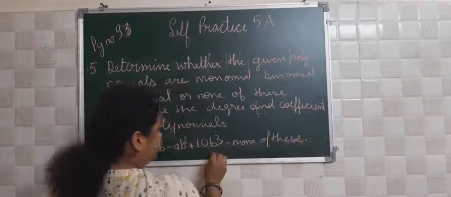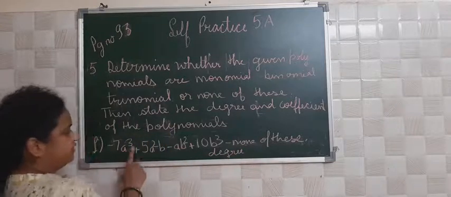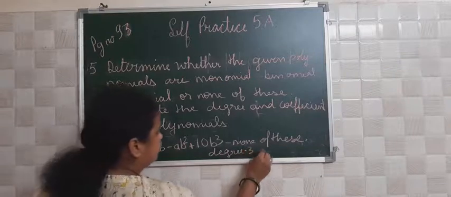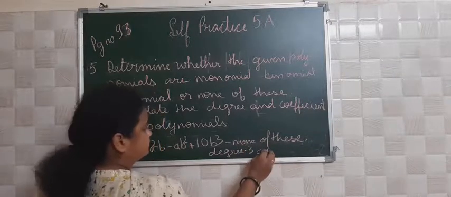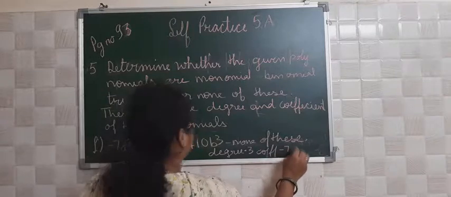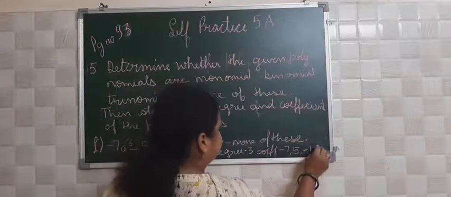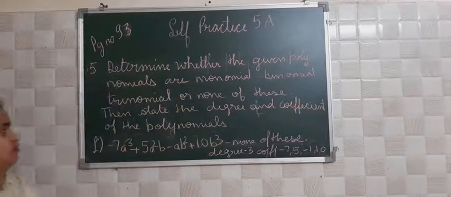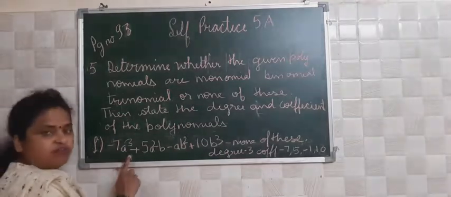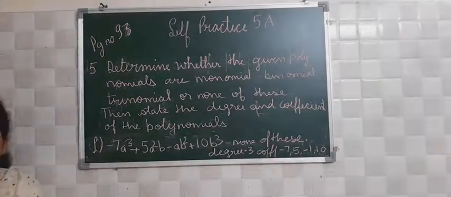What is the degree? Now see its degree: 3, 3, 3, 3. Degree is 3, and what are its coefficients? Minus 7, 5, minus 1 and 10. So what you have seen in this part, as 4 terms are coming, it is not binomial, monomial or trinomial.